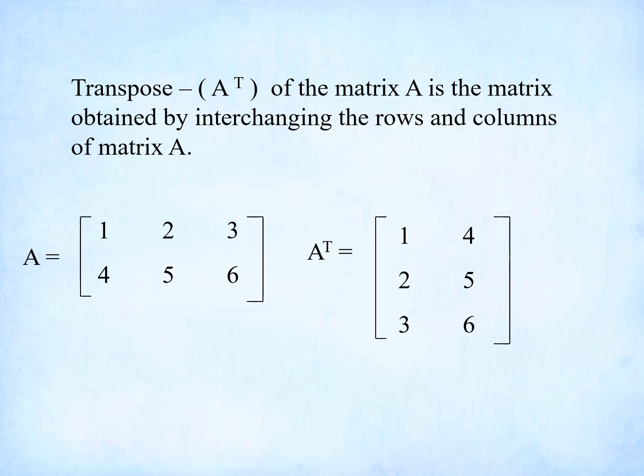And the original row, which is 4, 5, 6, will become a new column, which is 4, 5, 6. So the order of the original matrix A is 2 by 3. Now that it is transposed, the order of A to the T is 3 by 2. That is transposition of matrices.